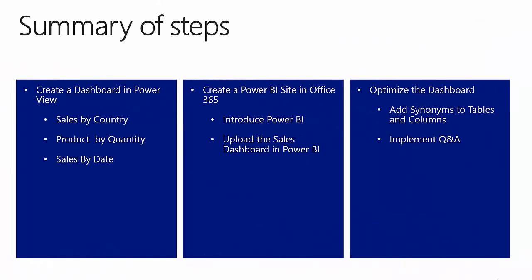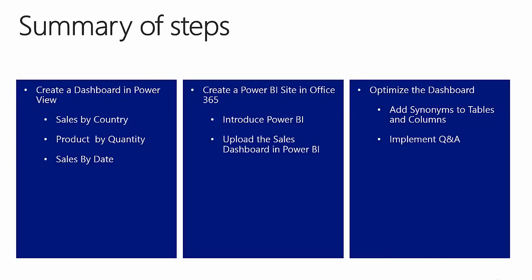Let's have a look again at the 3 steps. In step 1, we created a dashboard in Power View, where we created charts to visualize the sales by country, the quantity by product, and the sales by date.